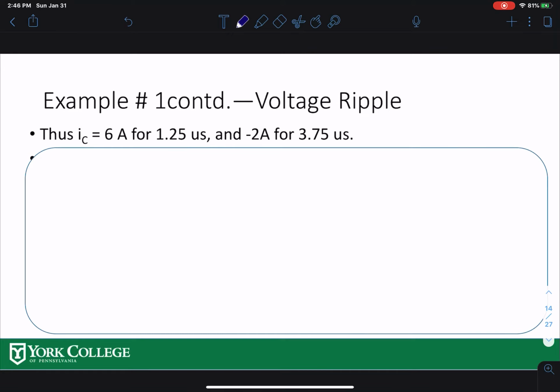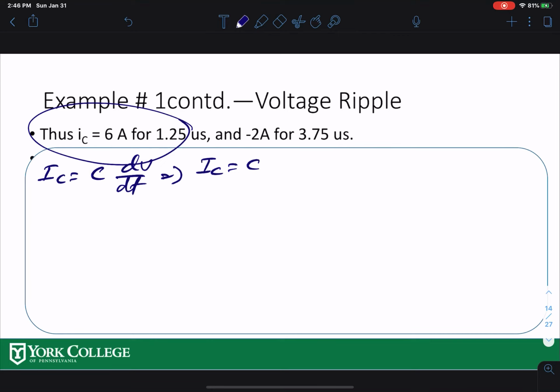So let's do one here. Let's do the one when switch 2 is on, which is 6 amps, and 1.25 microseconds is on. Let's use this one for the calculation first. Let's do it from the beginning. Your IC is C dV over dt. I can do it in delta form, so it is C delta V over delta T, where delta V is the peak-to-peak ripple.